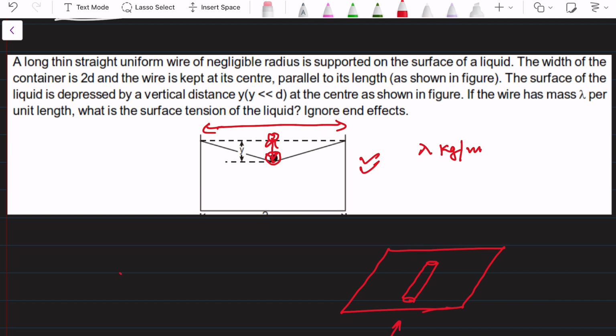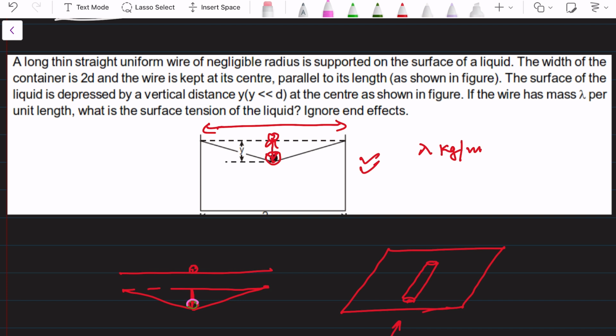Then what you will see? On this surface, this cylindrical wire, because of its weight, is depressed by y. Now as it is depressed by y, what are the forces acting on this particular part you see?